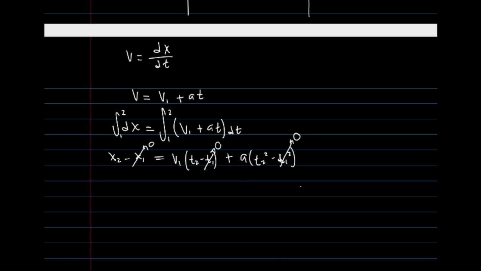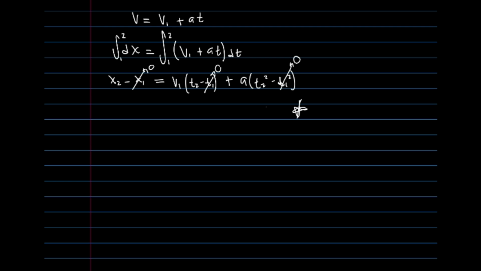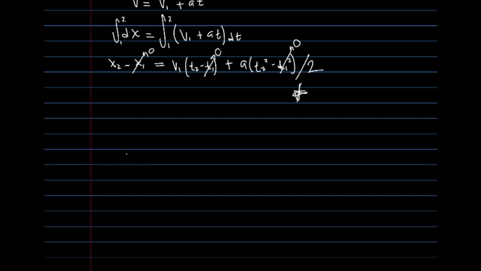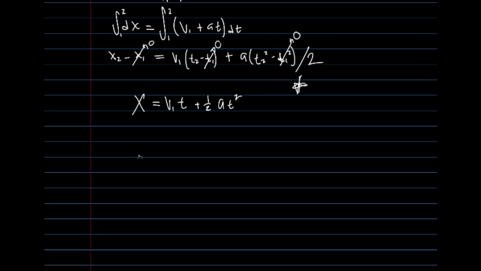And again, t1 is 0. Sorry, I forgot to divide this by 2. So this should be over 2. We'll say x2 equals x. This equals our v1 t plus 1 over 2 a t squared, which many of you may recognize as being the constant acceleration equation for displacement. It's just a basic integration here.